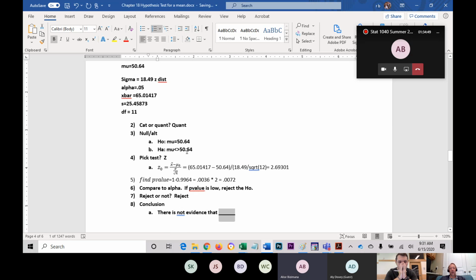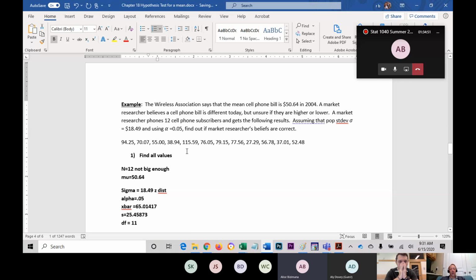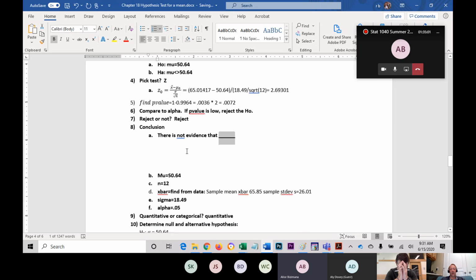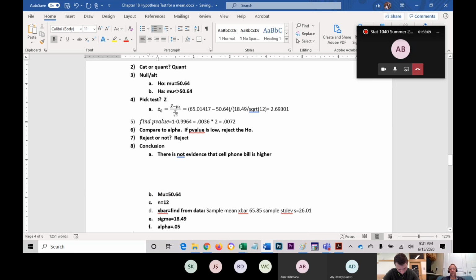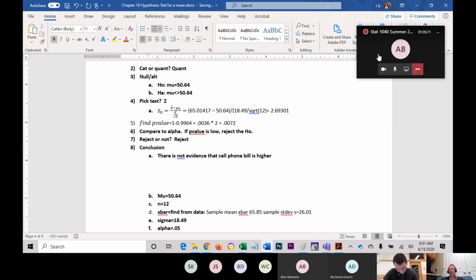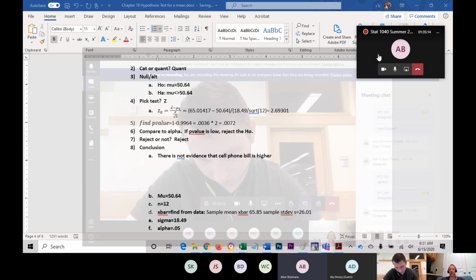There is no evidence that the believer's cell phone bill is higher. Okay, so that was Elise's conclusion.